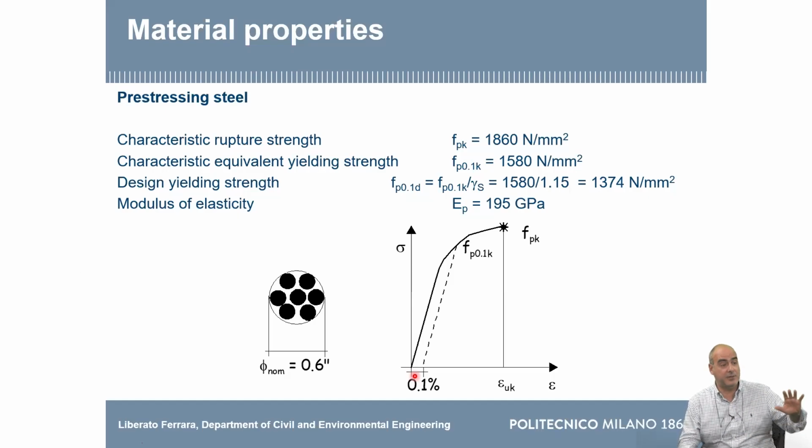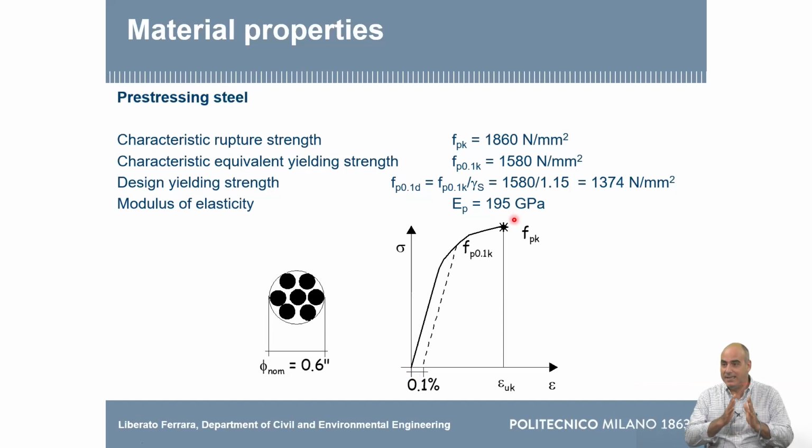Obviously, these are characteristic values. We have to go to design. And here we have another partial safety factor, gamma S. S stands for steel. You see, we use 1.4 for precast concrete. We use 1.15 for steel. What does this mean?